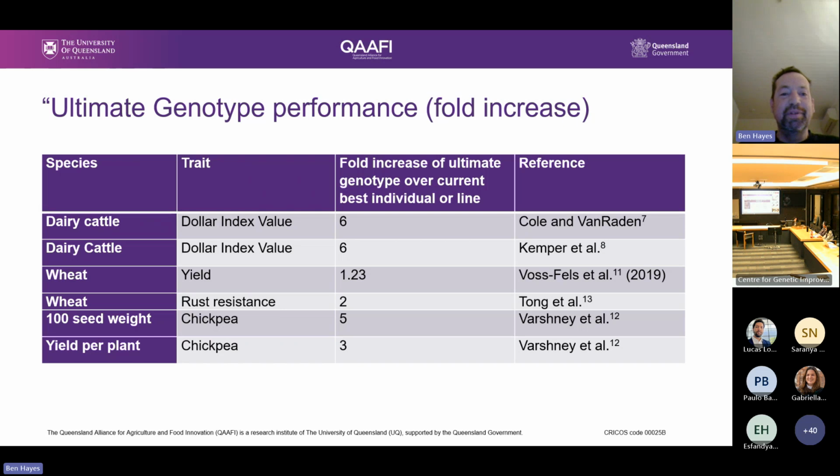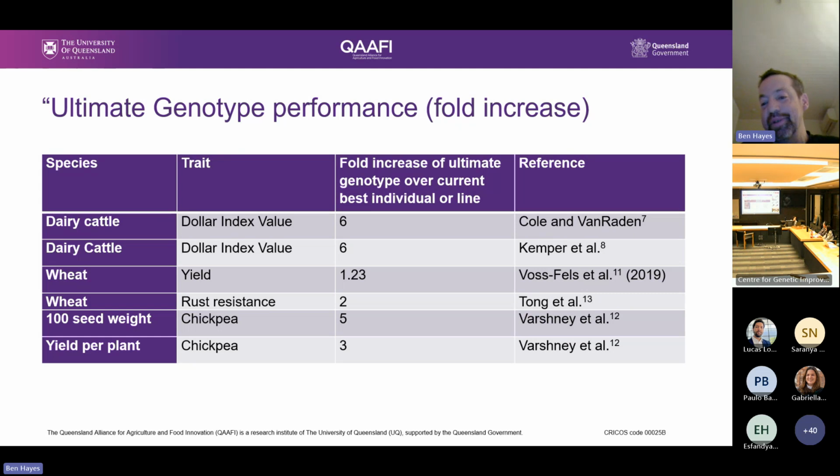So different authors have looked at the ultimate genotype in different species and how much extra performance you get over the current best individual. And when you do this, the gains that you can make are really quite astonishing.